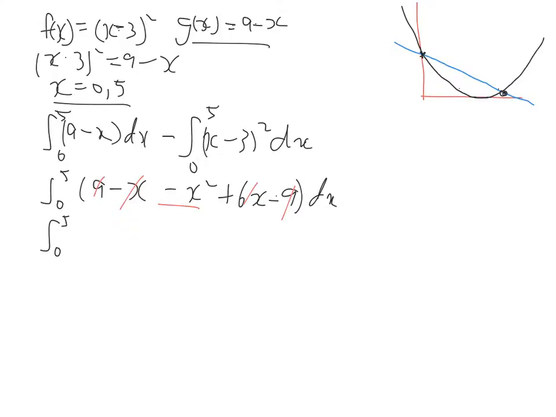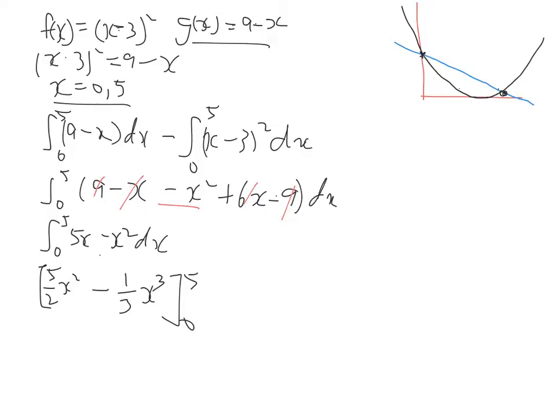We can rewrite that as 5x minus x squared with respect to dx. And then from there, we need to integrate. So this becomes 5 over 2 x squared minus 1 over 3 x cubed, and we stick our limits in, 0 and 5.